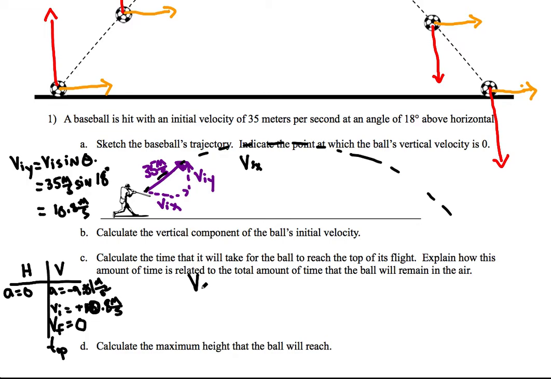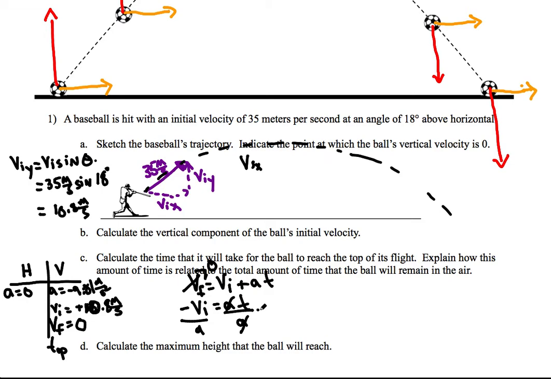I'm seeing the final velocity equals the initial velocity plus a t. We said our final is 0. I'm going to subtract my V_i over and then divide by a.